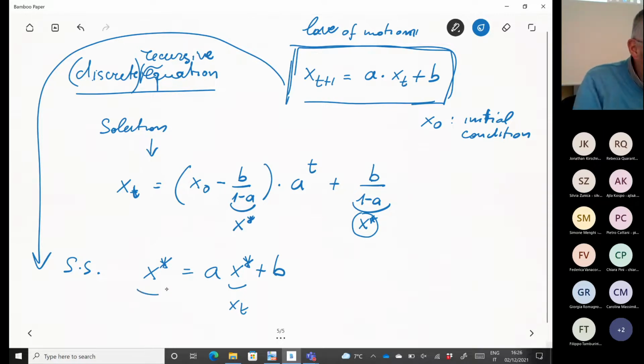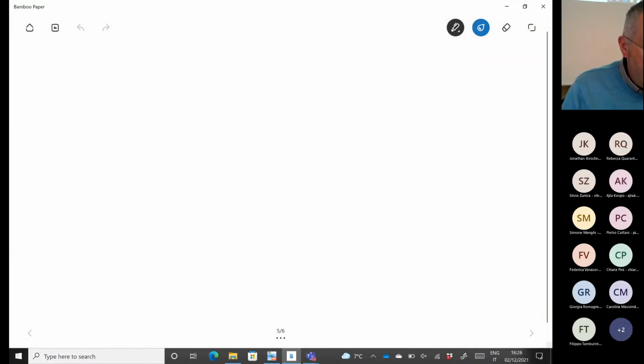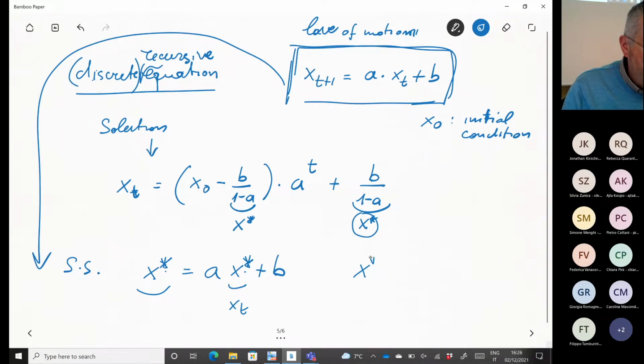So it must be at the level x star also at time t plus 1. Otherwise it is not a constant solution, okay? So if there exists a constant solution to our difference equation, it must satisfy this condition. But now I can solve for x star, because it becomes x star times 1 minus a equal to b. So x star is equal to b over 1 minus a.